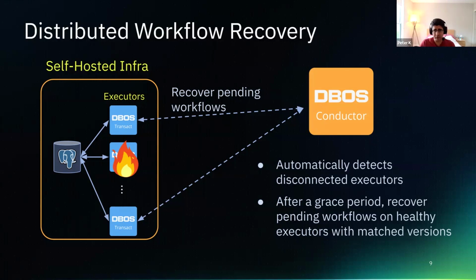If the executor fails to reconnect after the grace period, it sends a message over WebSocket to another executor or to other executors with compatible versions, telling them to recover the workflows of the failed executors. That way, Conductor can detect the interruption of the execution of any of your durable workflows and recover that workflow on another healthy process.